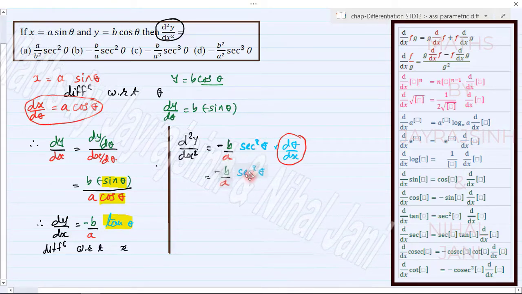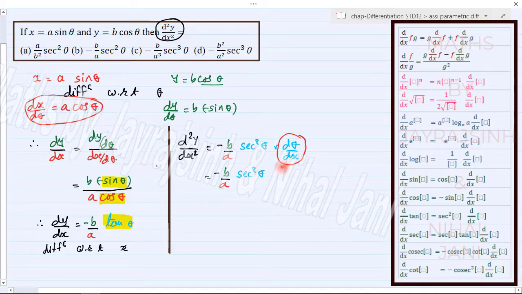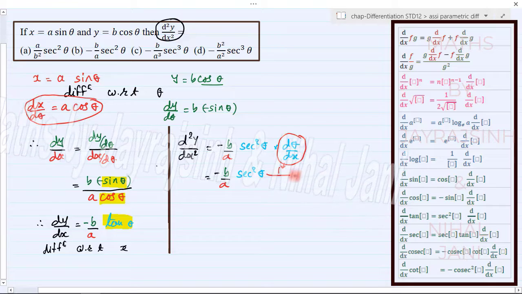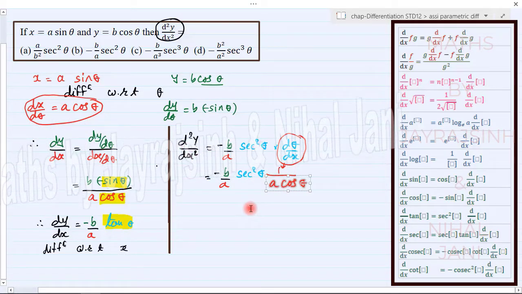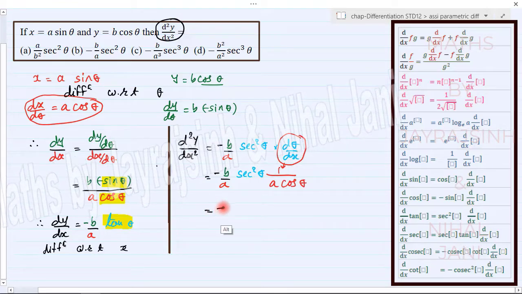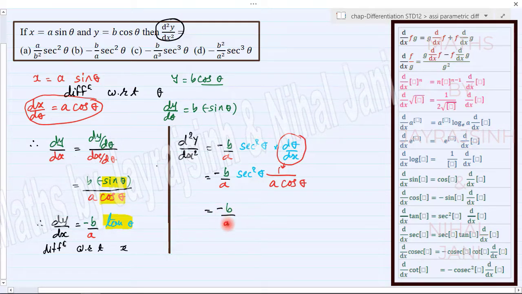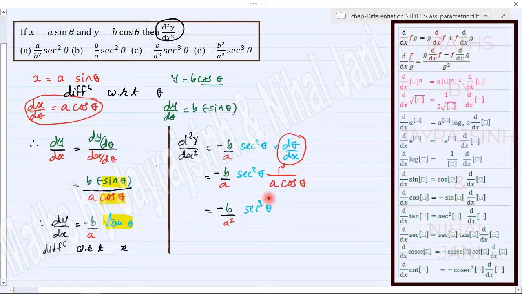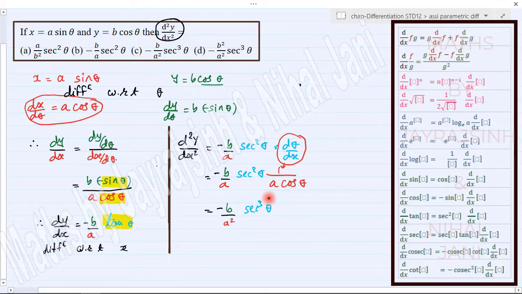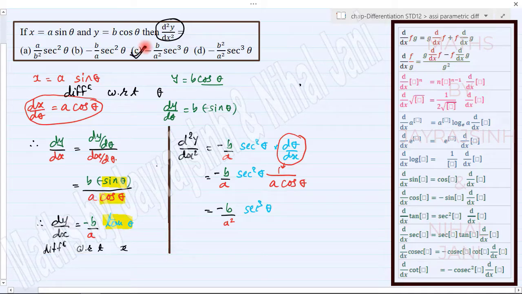So the rest of the terms will be as they are. Your d theta by dx is actually the reciprocal of your dx by d theta, which is a cos theta. So we will get minus b by a square into sec cube theta as your final answer, which is given in option C. Ta-da!